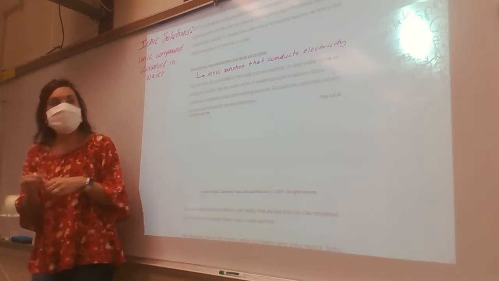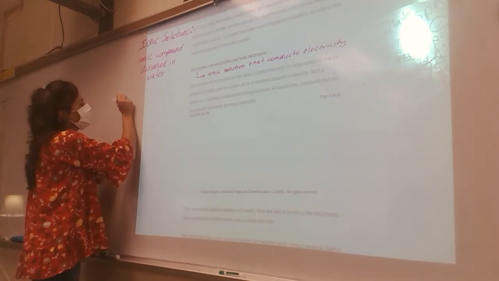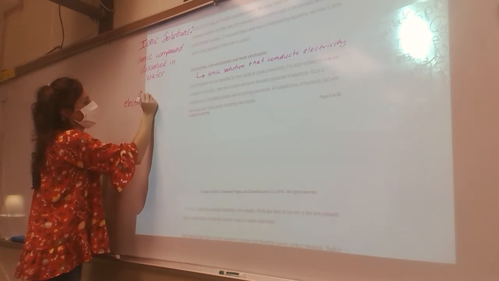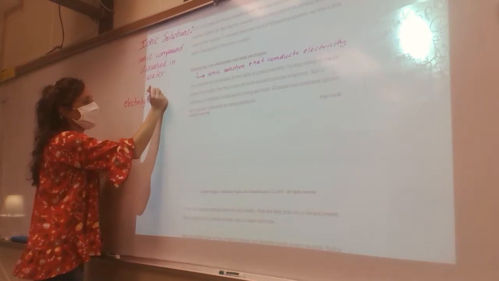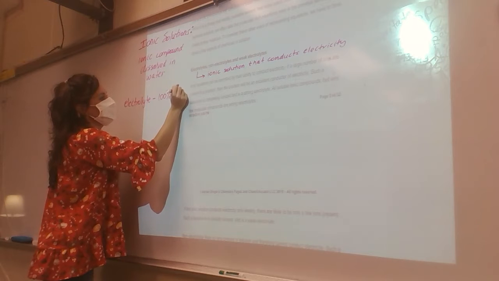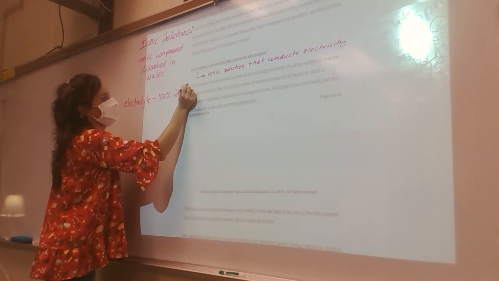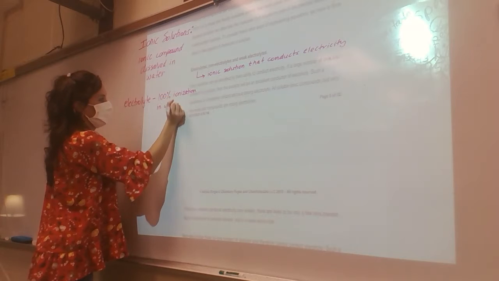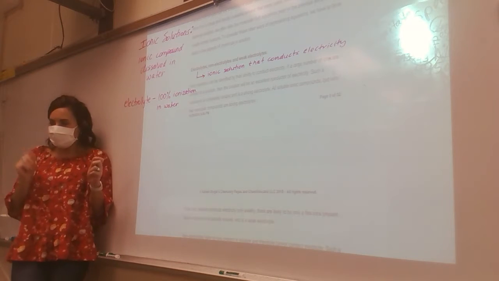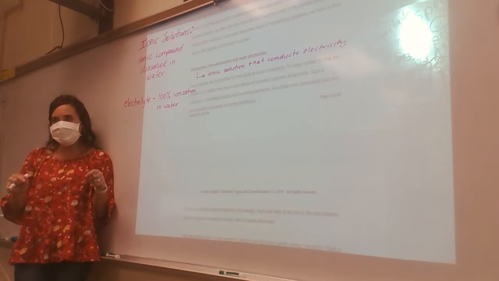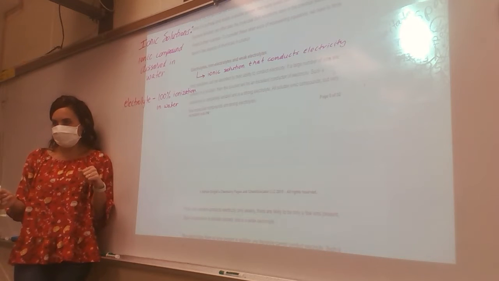There are two types of electrolytes, just regular electrolytes, sometimes called strong electrolytes. This is 100% ionization in water. The whole entire compound that you put in water breaks down into positives and negatives.